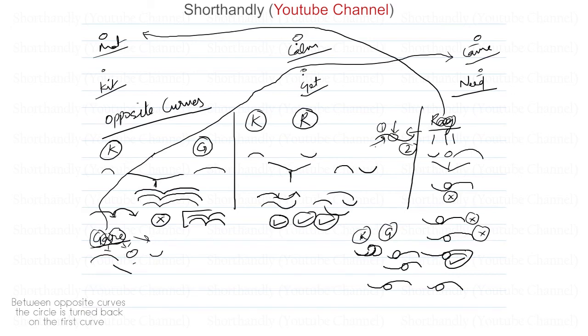Now we have to join these three. Again we have to remember that we have to turn back the circle. If we join these three, it goes like this. This is right, because first we go like this, and then we don't continue the motion like this, because that would have been wrong.